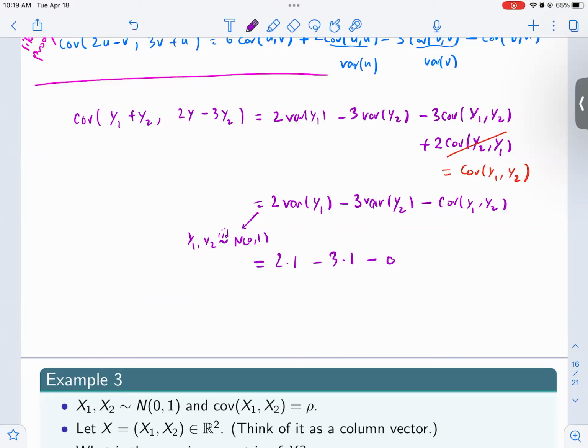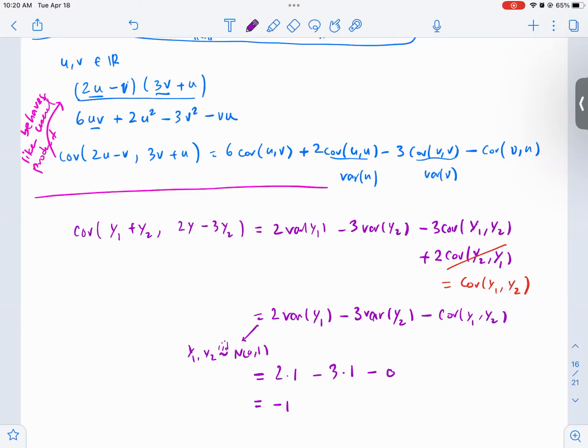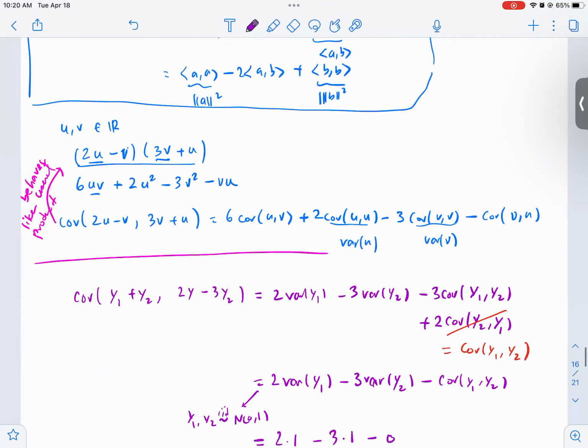And if they're independent, they're going to be uncorrelated. We talked about that. So you get minus 1. The covariance could be positive or negative. It's fine if you haven't made any mistake. So that's a direct way of doing it. Questions?